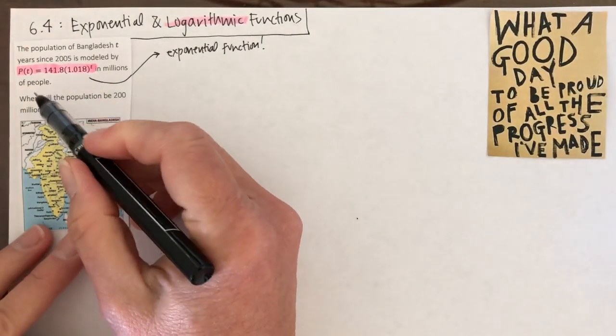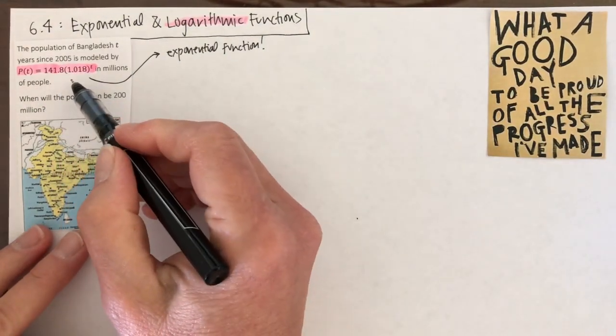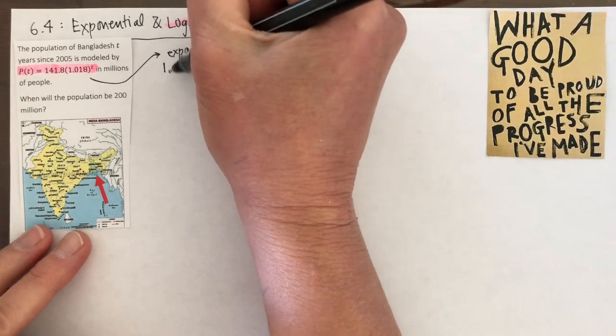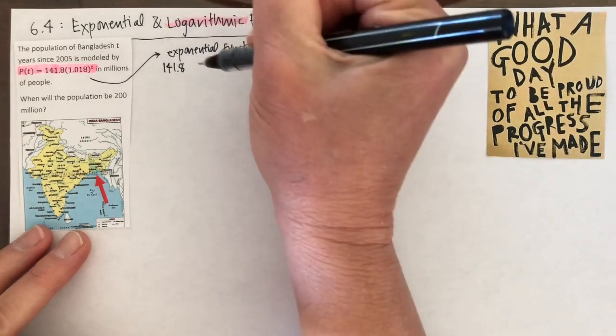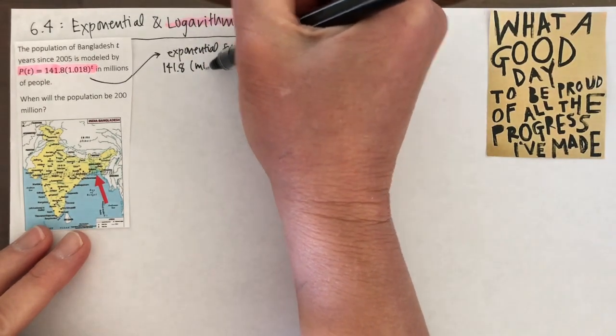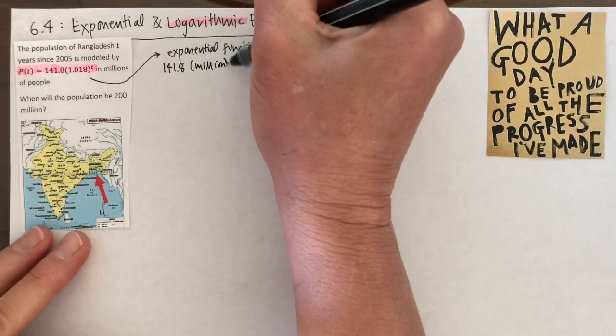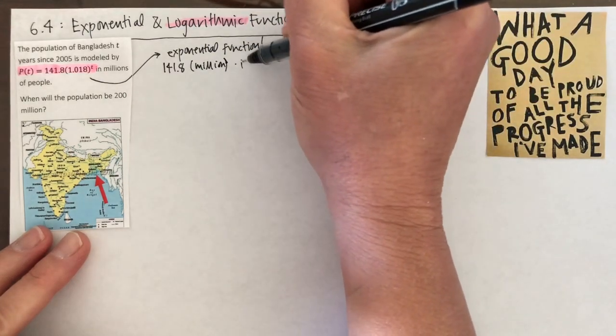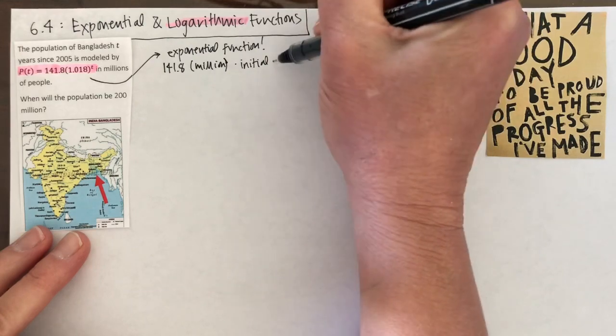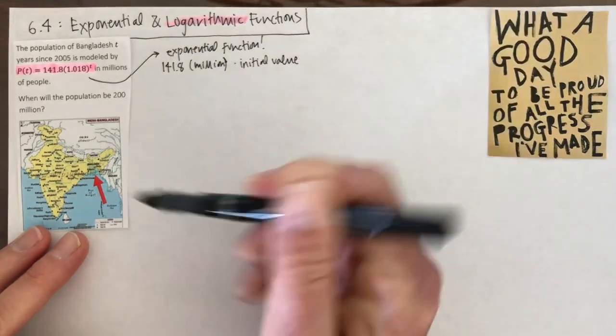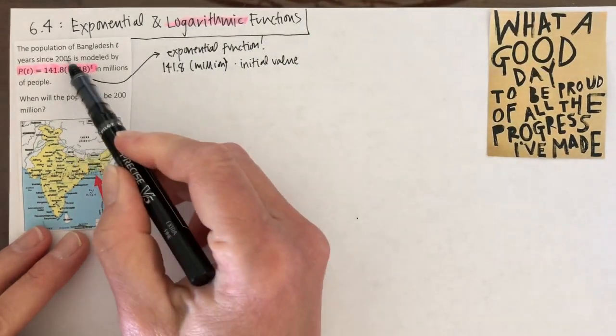And just like any exponential function, we can read off the initial value and the change factor. So this function is telling us that 141.8, in millions of people, is the initial value. And that means that's how many million people were in Bangladesh in 2005.